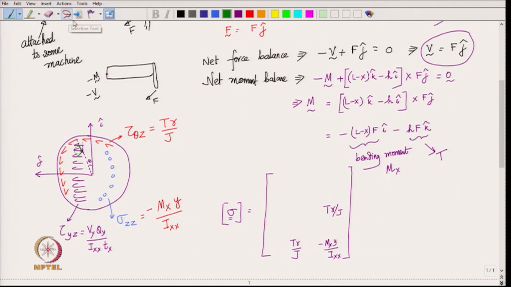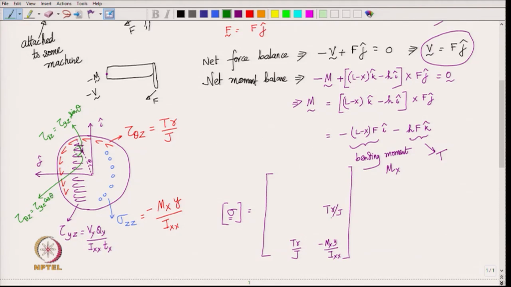So, the radial component is nothing but tau y z into sine of theta, correct. So, this is equal to tau r z, and then the theta component, tau theta z, is equal to tau y z into cos theta.